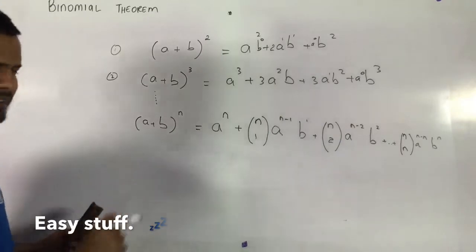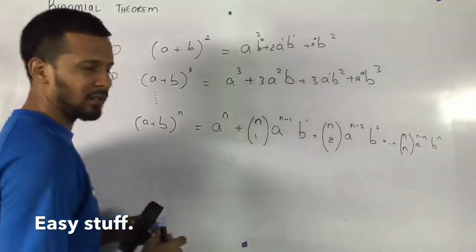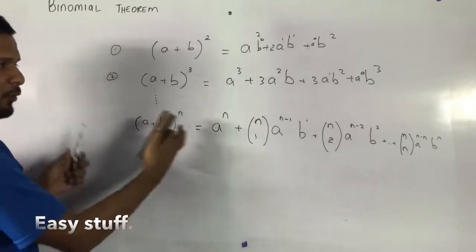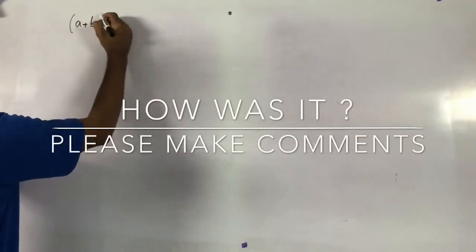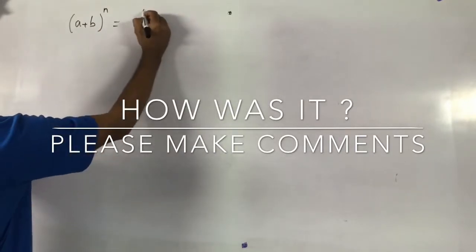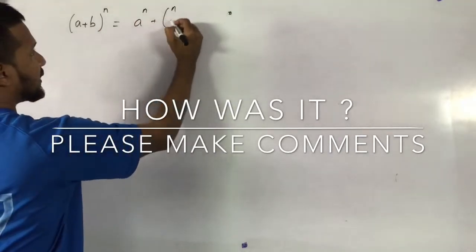Good. So let's spend some time now on this nCr, right? Let's spend some time on this. Okay, so we understand how the expansion comes of A plus B to the power of n, which is equal to A to the n plus nC1, right?